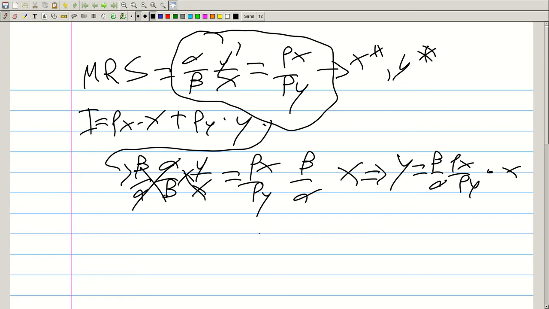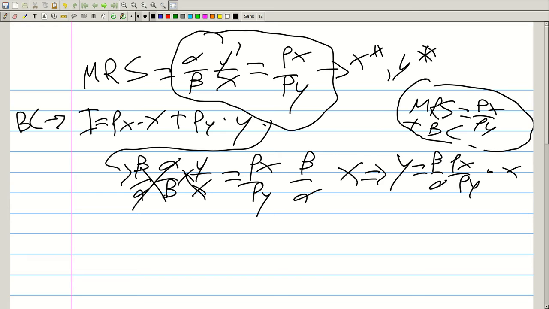Okay. So now what I can do is recall that I have my budget constraint here. And what I'm going to do now is solve for x by itself. In essence, what having this MRS equals px over py plus the budget constraint, what does that give us? Well, recall we want to solve for values of optimal x and optimal y that my consumer would consume.